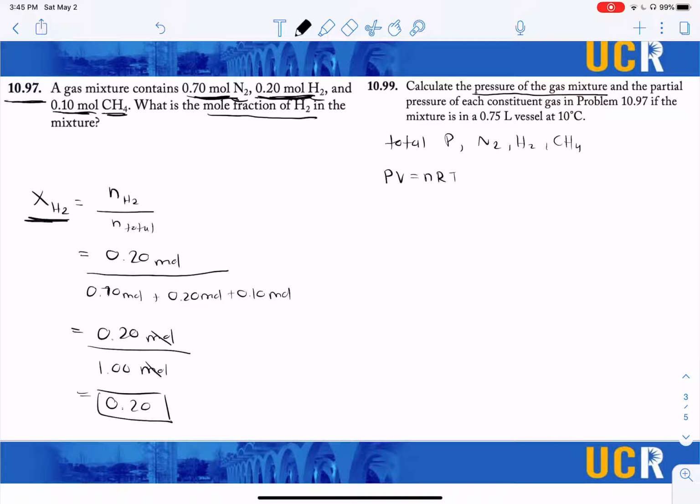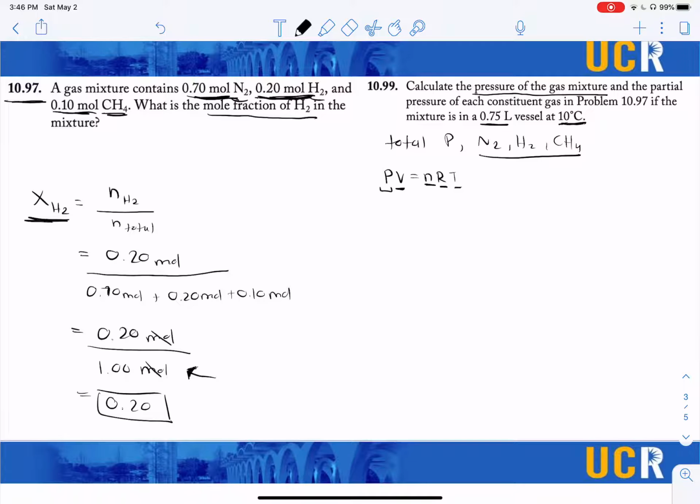For n, we're going to use the N total because we're looking at all three of these gases, and we just calculated that, 1. The R is a constant, so we don't have to worry about that. The temperature is given to us, 10 Celsius. The volume is also given to us, 0.75 liters. And this pressure is what we're going to calculate for.